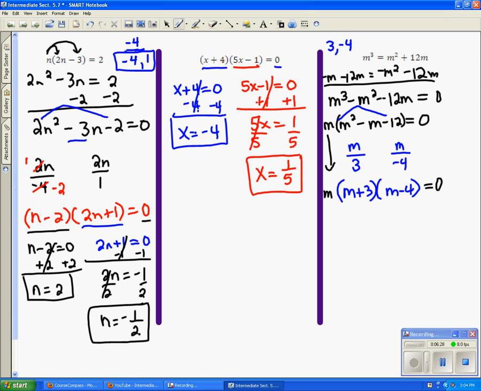Now I need to set each part equal to 0. I set this equal to 0, and that's one solution. Now I'm going to set this equal to 0 and solve.